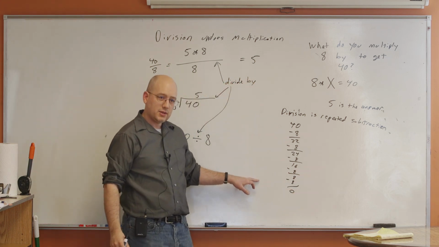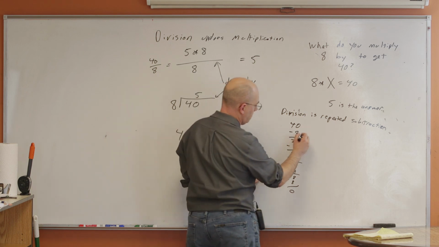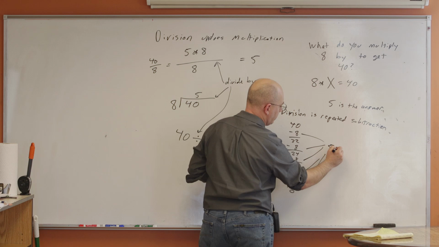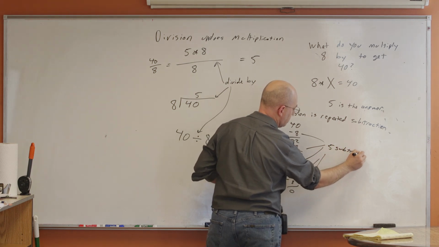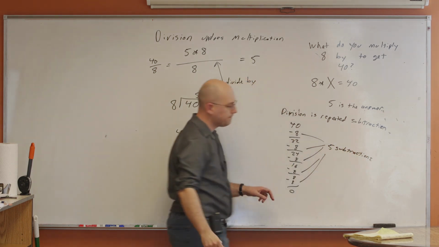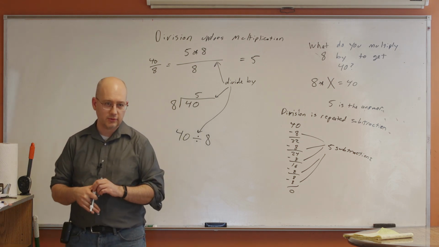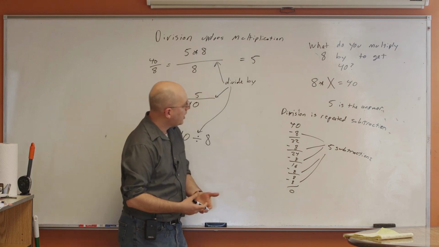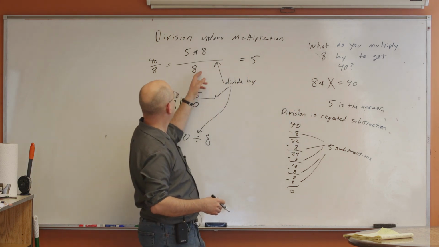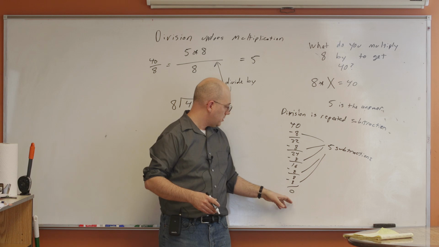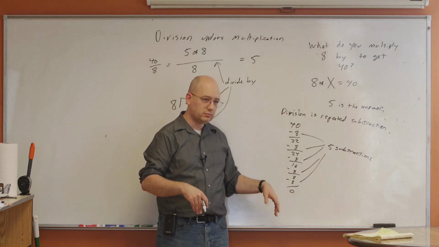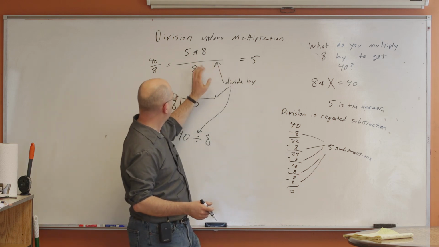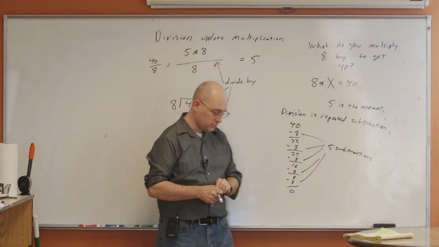How many subtractions did I do? 1, 2, 3, 4, 5. 5 subtractions. So that's what division is also doing. It's saying keep subtracting the number you're dividing by until you get 0, or you get something less than the number you're dividing by, basically.